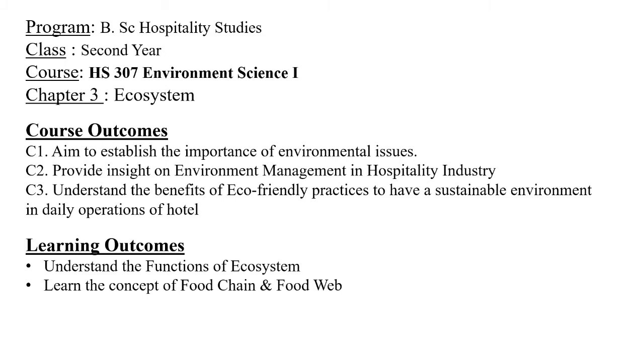Course outcomes are to establish the importance of environmental issues, provide insights on environment management in hospitality industry, and understand the benefits of eco-friendly practices to have a sustainable environment in daily operations of hotel. Learning outcomes for today's session are to understand the functions of ecosystem and learn the concept of food chain and food web.